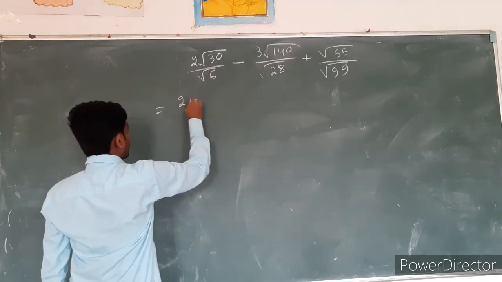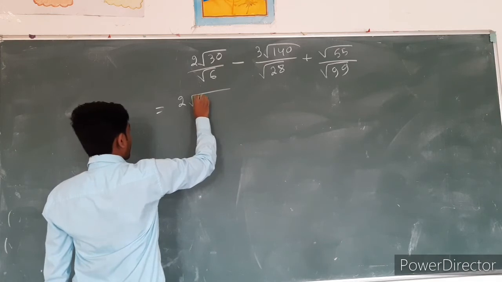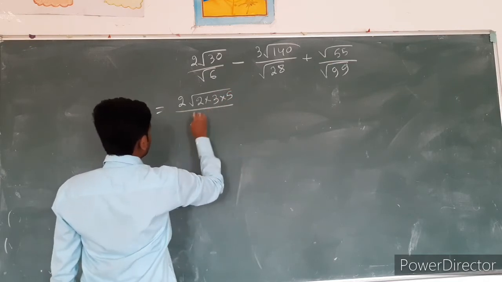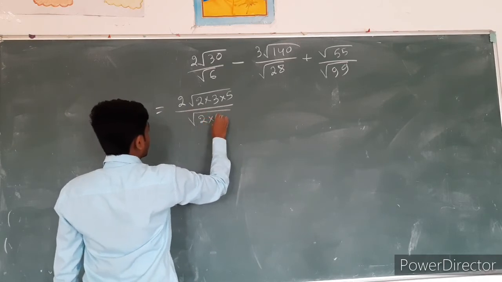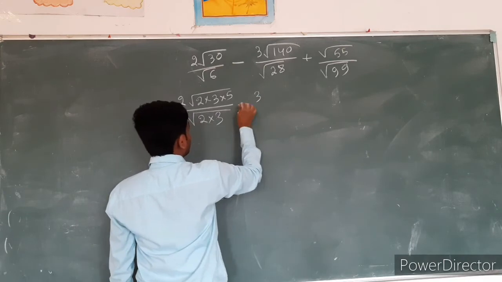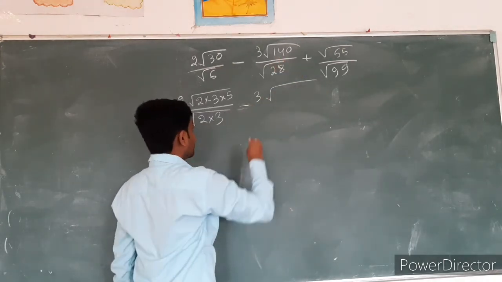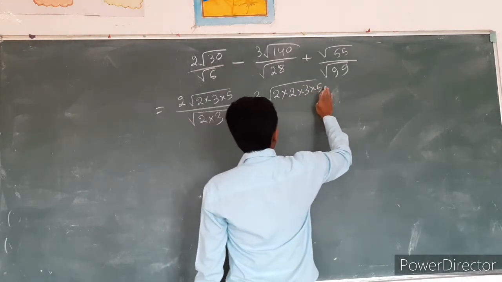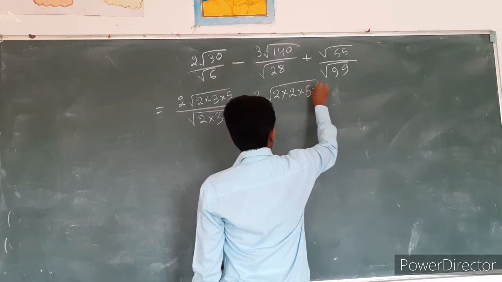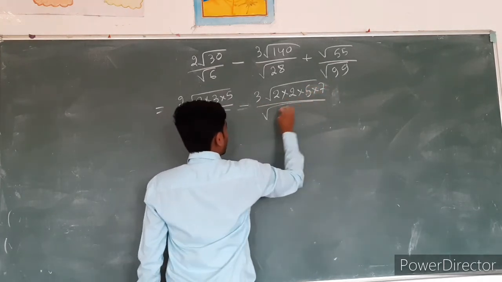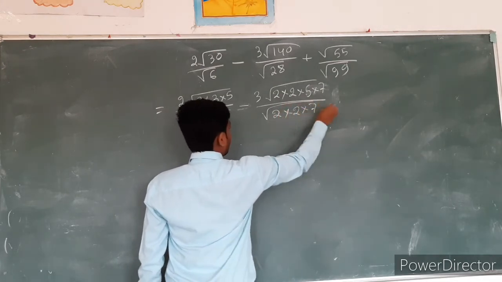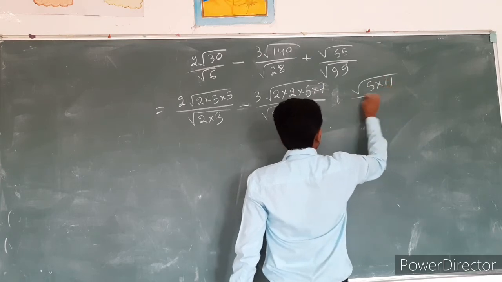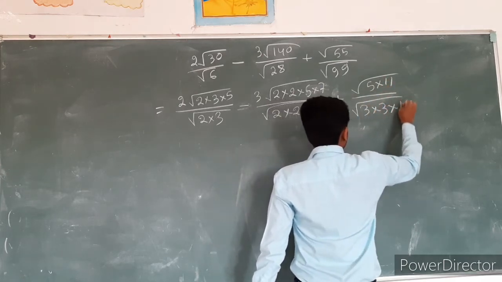So this is the first. We write 30 in the form product of 5 into 3, minus, now we write 140 by 2 into 2, plus root 55 can be written as 5 into 11 and 99 can be written as 3 into 3 into 11.